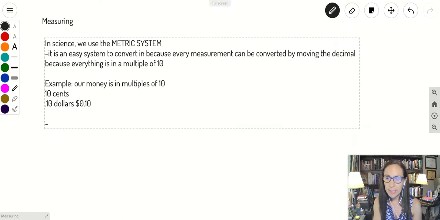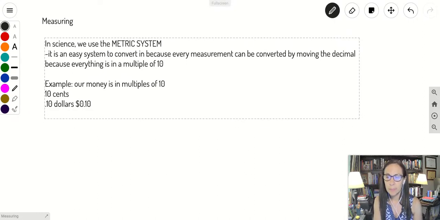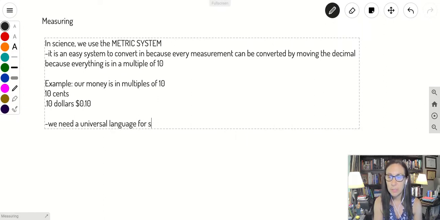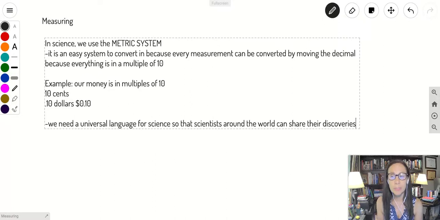And the second thing is that because science is done universally, we need a universal language, so that scientists across the whole world can share their data and share their findings and discoveries. So it's very important that they all speak the same language. And that is the metric system for measuring.